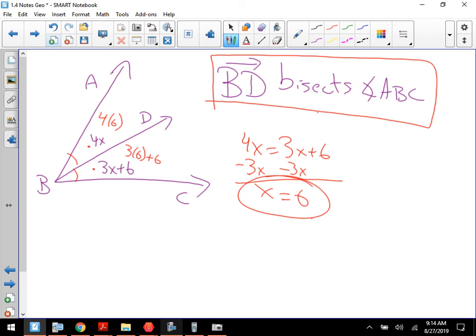Add 24 and 24 and you get 48. So the whole angle would have to be 48 degrees. Again, when you have a bisector, that means the two angles have to equal each other. Okay. Take a second and try number 17.